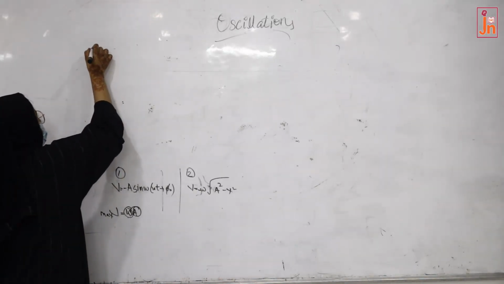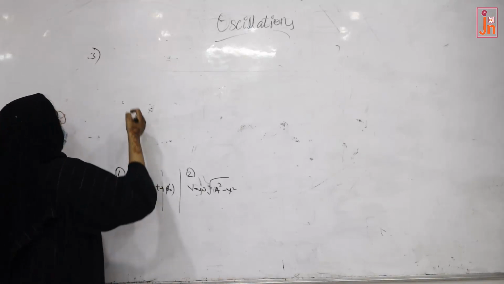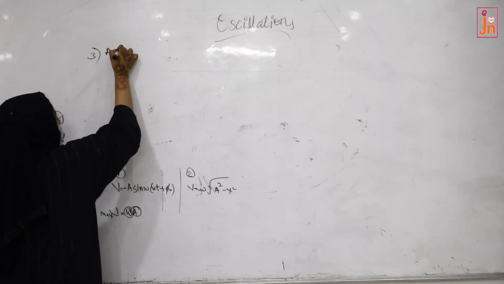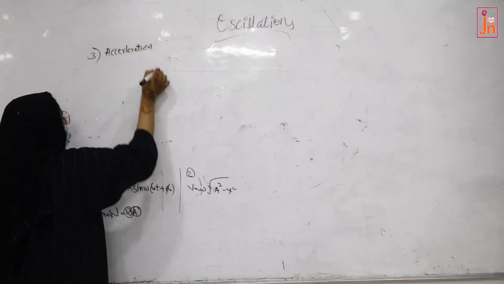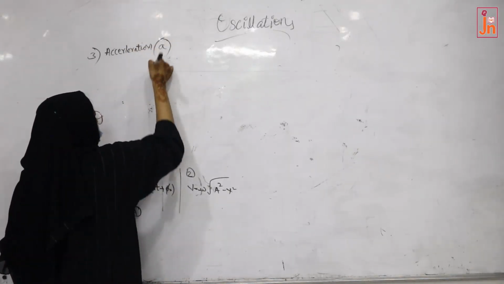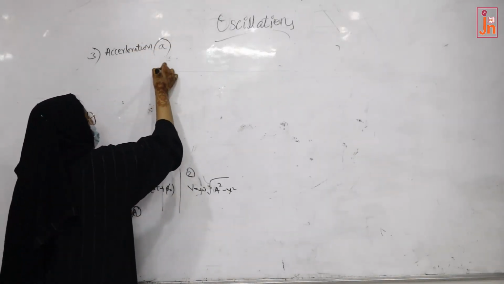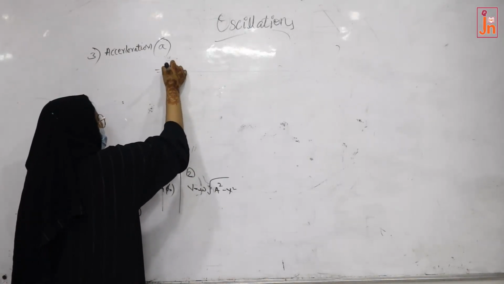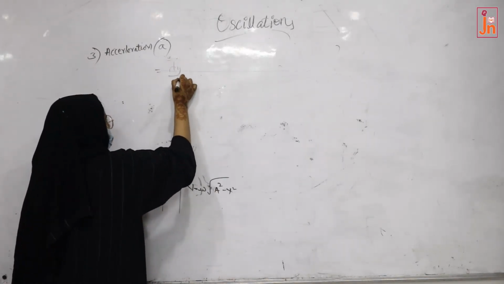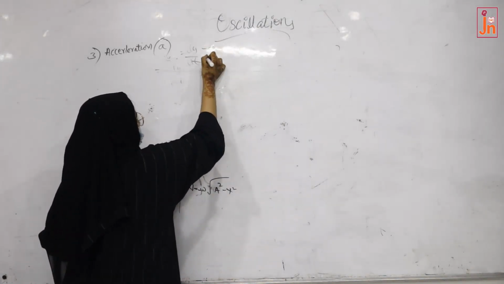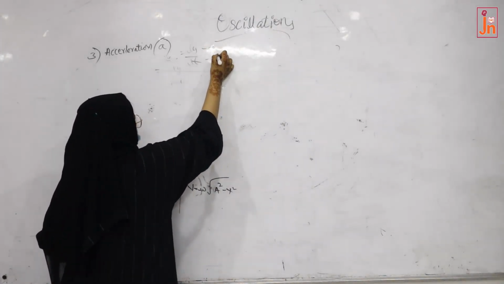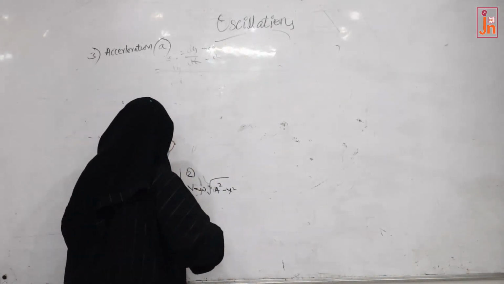Coming to the third part, which is acceleration, a. We know that dv by dt is acceleration. Here dv represents change in velocity and dt represents change in time, same as the velocity part.